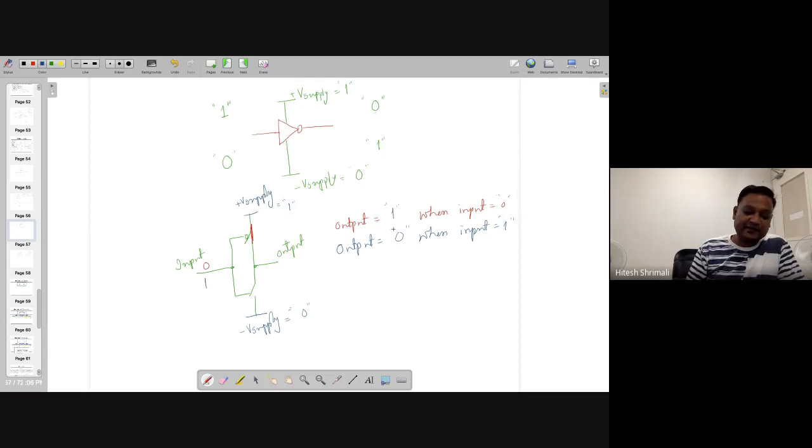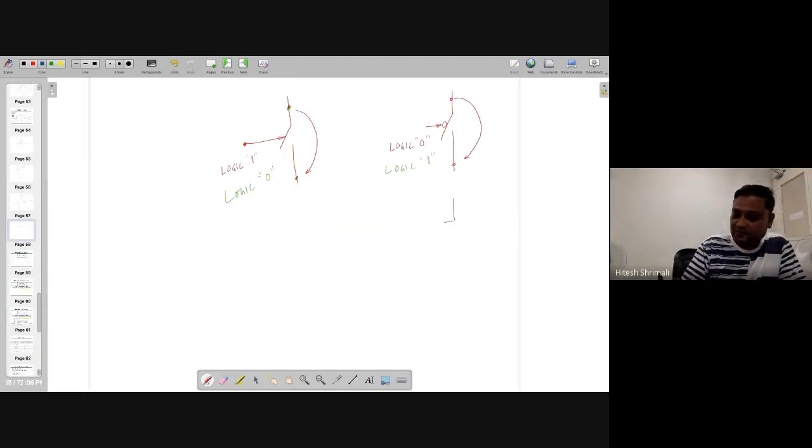Similar functionality is there when you are using the PMOS. You can use either of the symbols. Here I made a mistake. This side is NMOS and this side is PMOS.